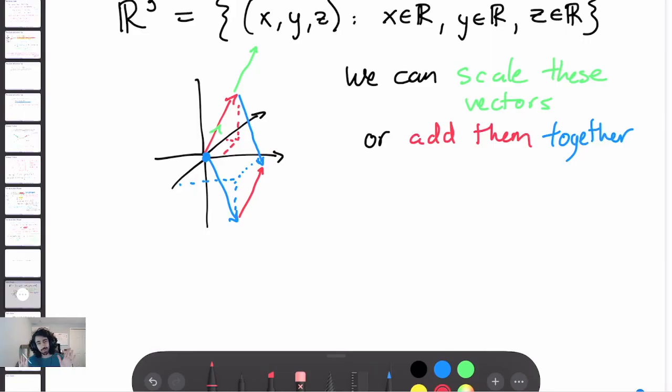Of course, it matters which direction, but it doesn't matter whether you take the blue and move it to the head of the red, or the red and you move it to the head of the blue. Both things will get you to the same point. We call that the sum.